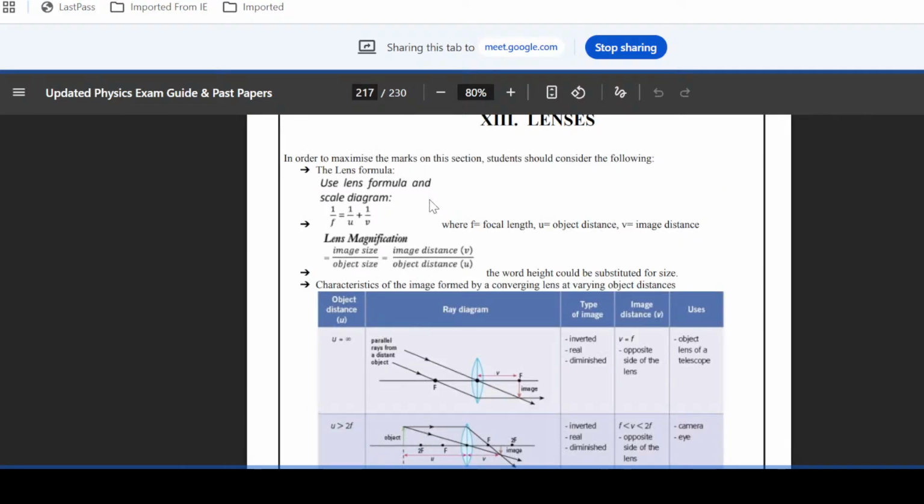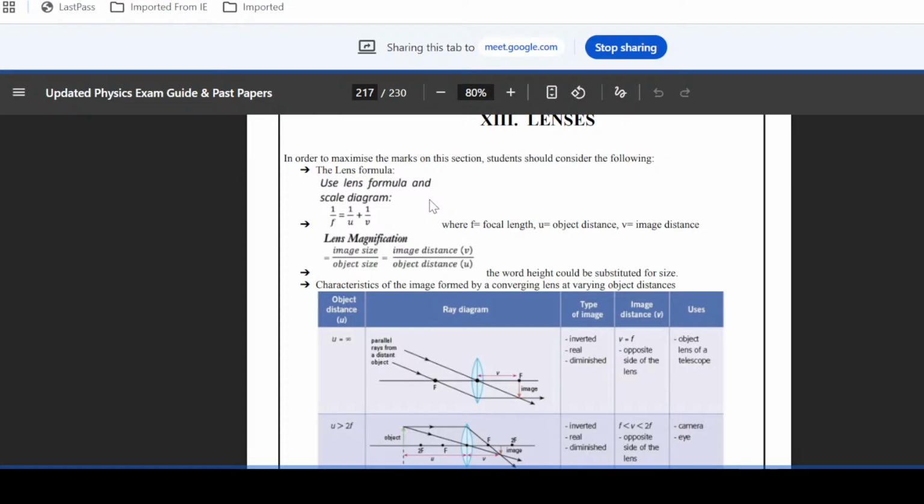So do we know what they mean by image distance and object distance? So we have some images below, a convex lens.